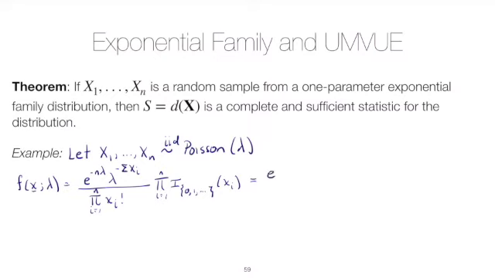So we'll keep the e to the negative n lambda out front, and we'll include the product of the indicators divided by the product of xi factorial. And then we'll work with this term here, the lambda raised to the sum of the xi's.